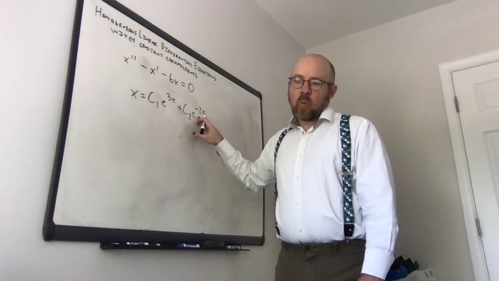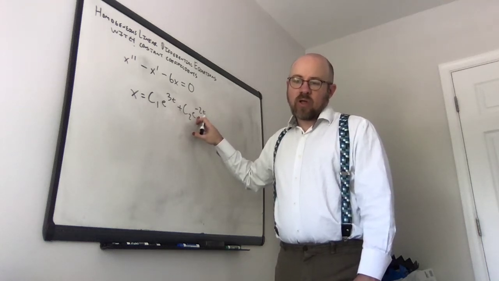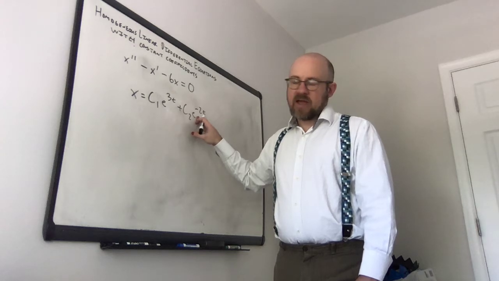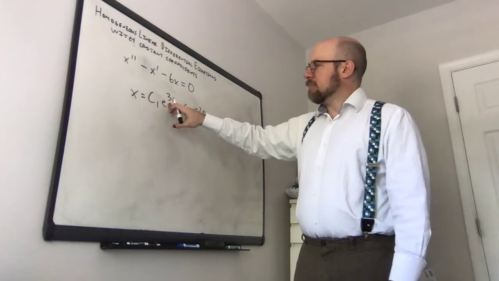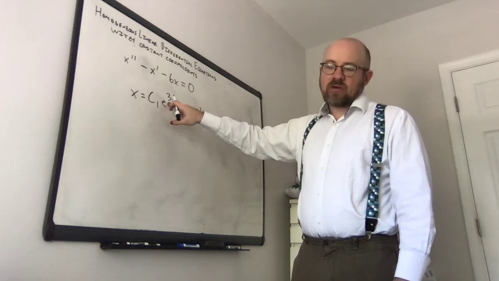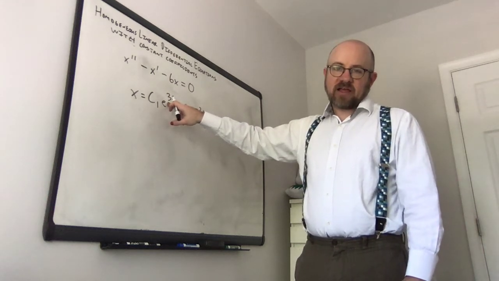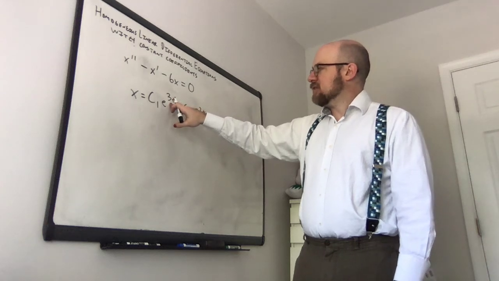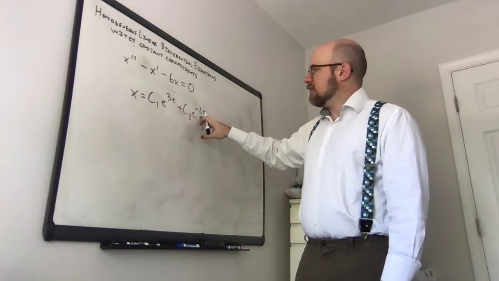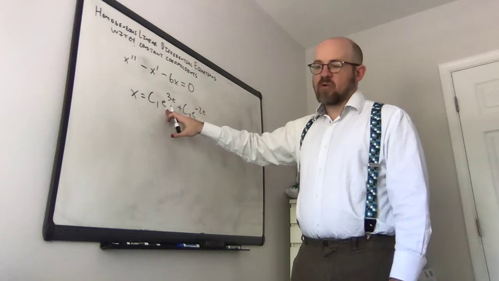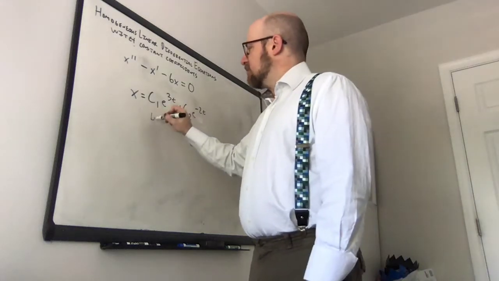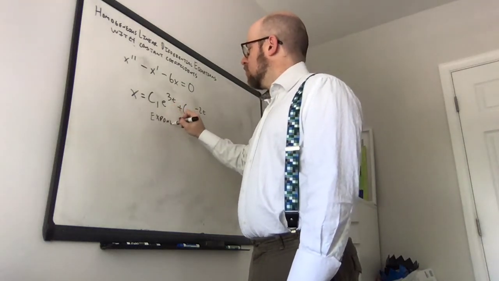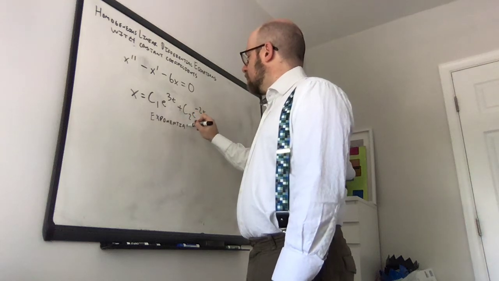So what is that going to look like? Well, the bottom line is that the largest value is going to overwhelm everything else. So you've got this e to the 3t term, this e to the negative 2t term. This term is going to dominate, and we're going to get exponential growth.